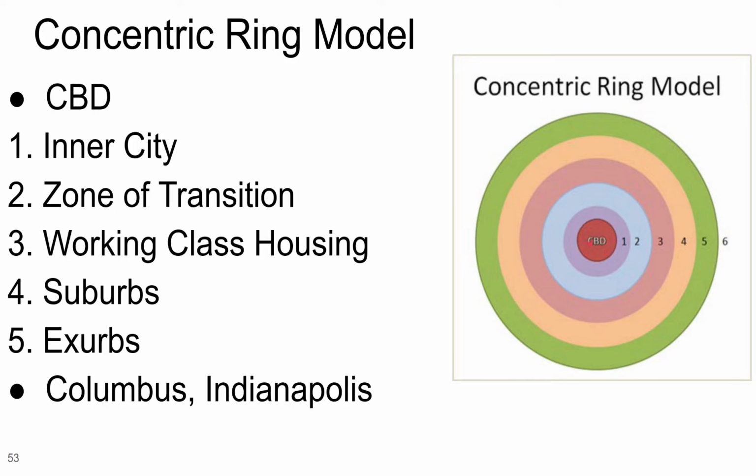And then as you move away, the land gets less expensive. Although 3, the working class housing, would be less expensive than the suburbs. So it's that transportation coming into play, that you've got money to live a little farther out of town. This is the concentric ring model.